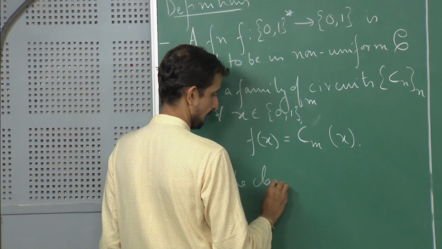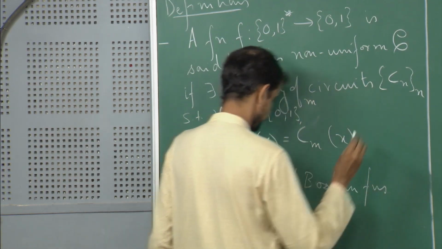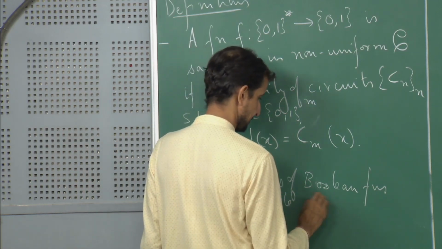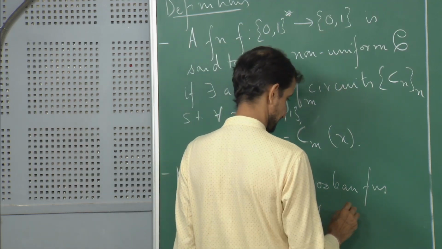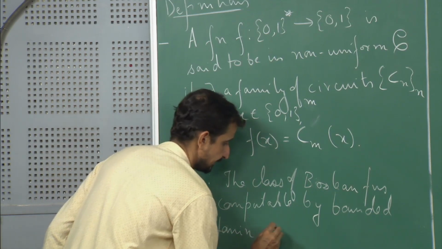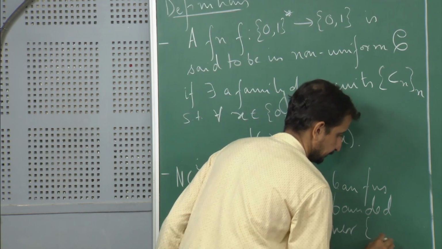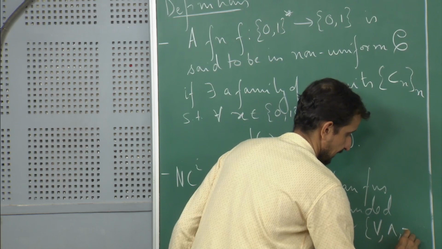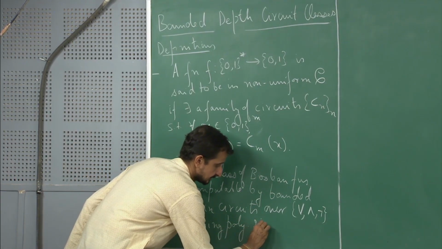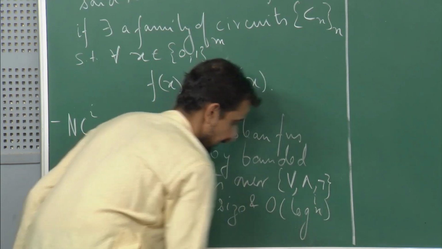This is the class of Boolean functions computable by bounded fan-in circuits over AND, OR and NOT gates having polynomial size and depth of order log to the power i.